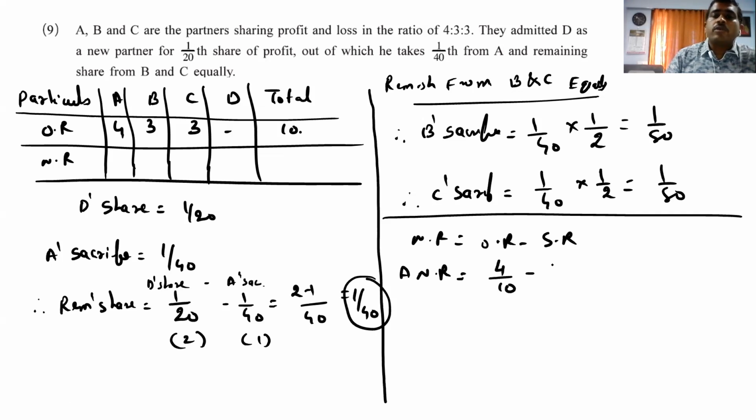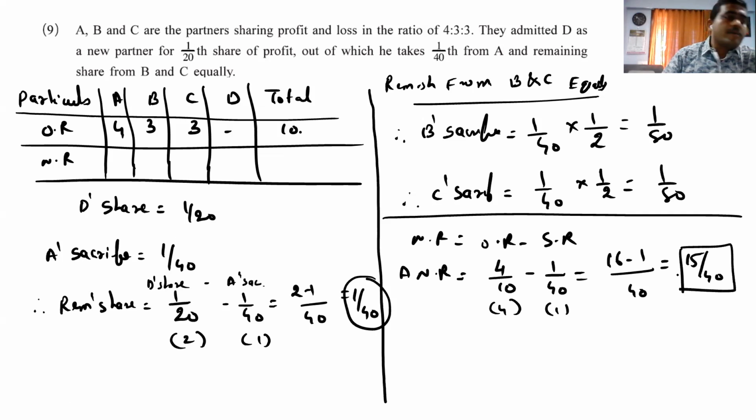And how much is going to be sacrificed? 1 by 40. So 4 into 4 is 16, minus 1 by 40. It comes to 15 by 40.